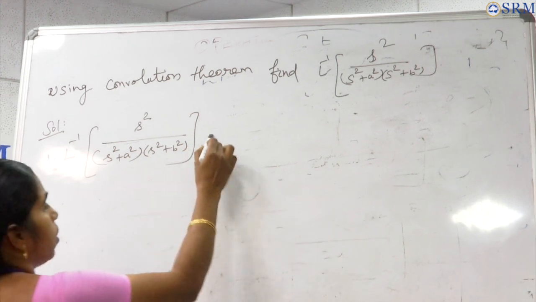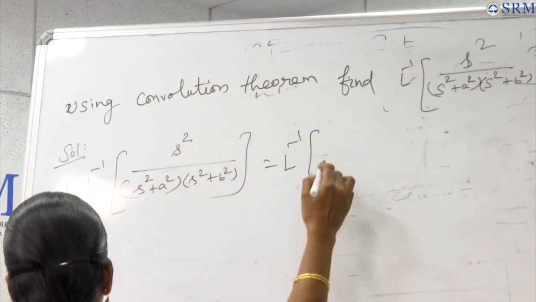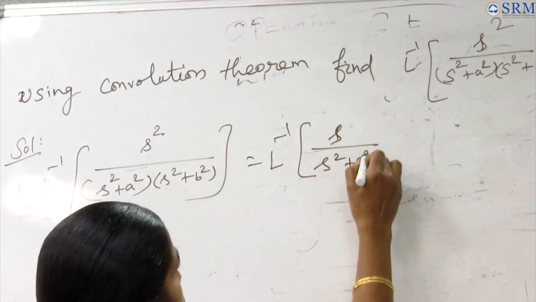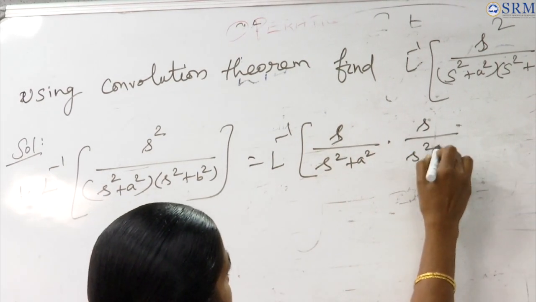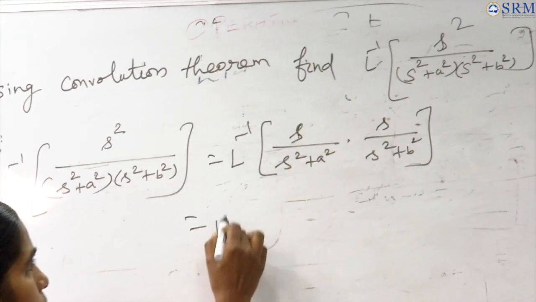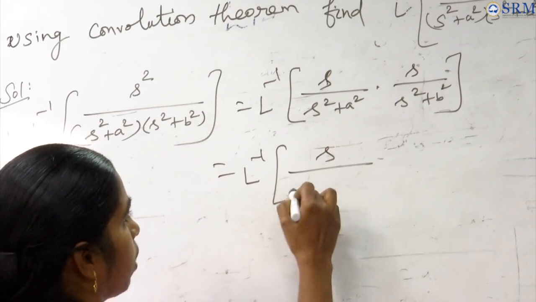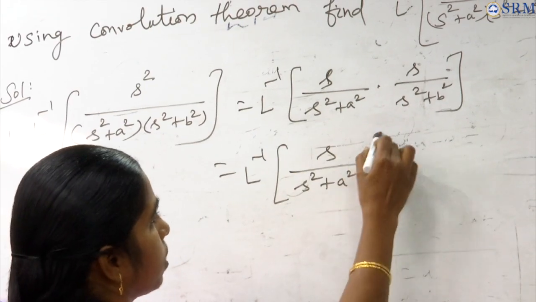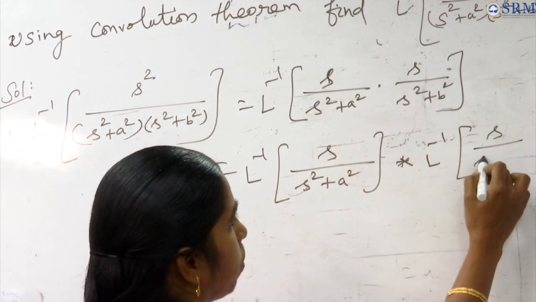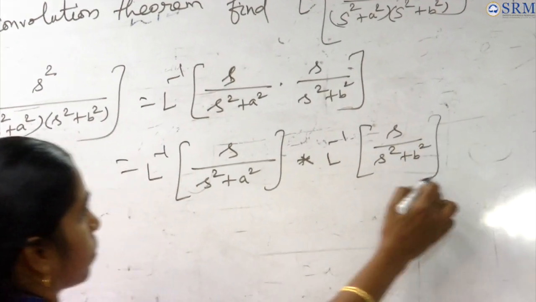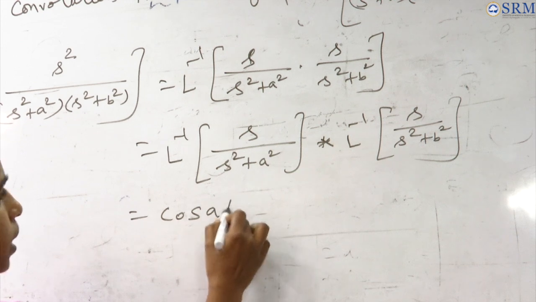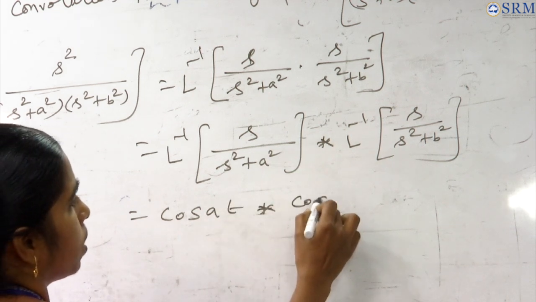So L inverse of 1 divided by s square plus a square, times s divided by s square plus b square. So L inverse of s divided by s square plus a square, convolution star of L inverse of s divided by s square plus b square. This formula is cos at star cos bt.